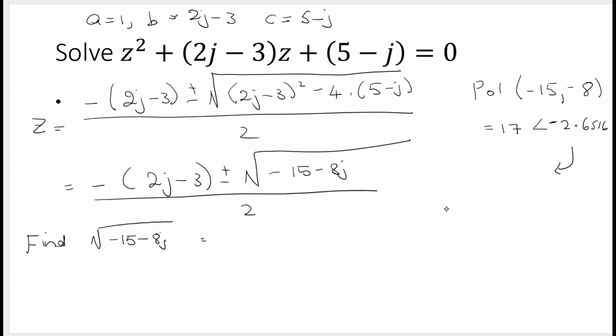So instead of having about, I think it's about here, going that way, I need to write it going that way. So it would be 2 pi minus 2.6516, which is equal to 3.63155. All right, I'm just renaming what you get on your calculator because I just want to get rid of as many negatives as I can.